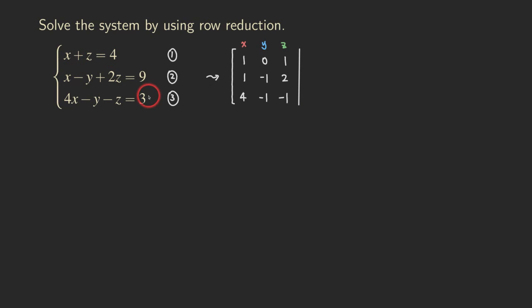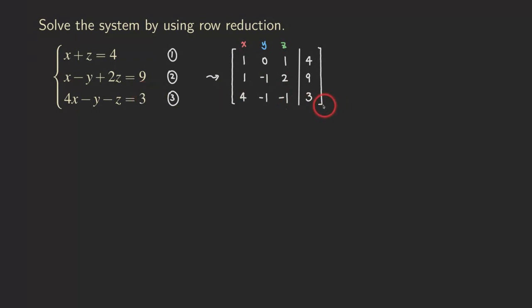They're actually the numbers that you have on the other side of the equal sign. So we have the 4 here, the 9 here, the 3 here. And then we simply put down the bracket. Is that okay so far? So that's how you turn that system into an augmented matrix.